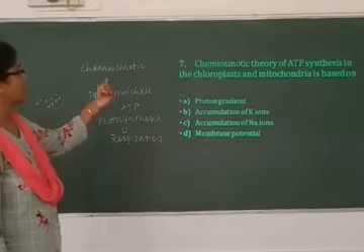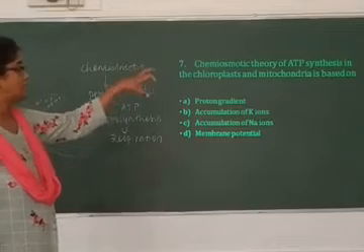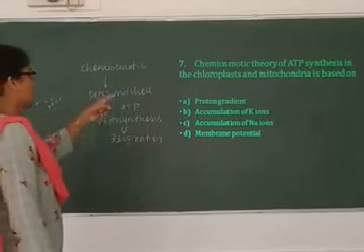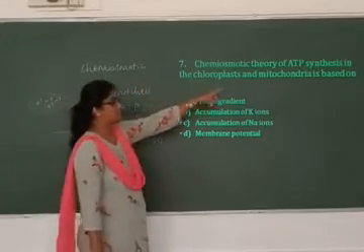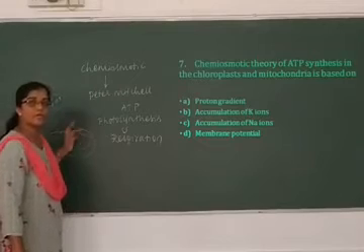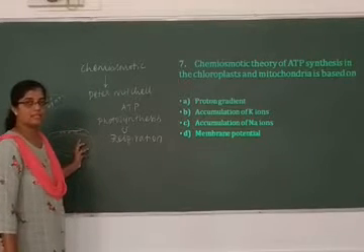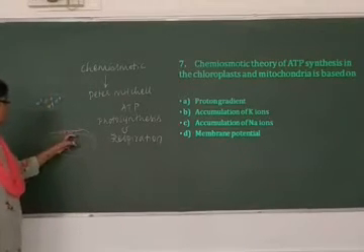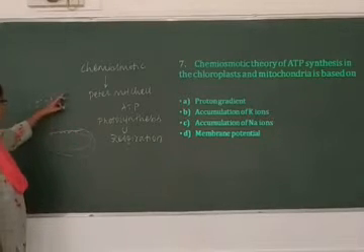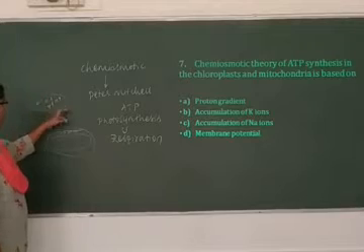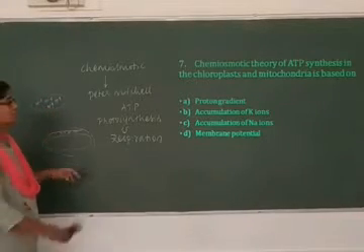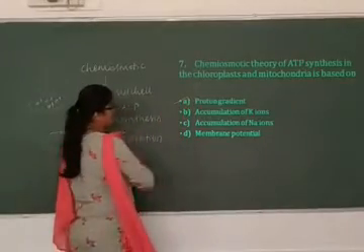Now the question is, the chemiosmotic theory of ATP synthesis is based on what? Both in case of chloroplast as well as mitochondria, it is because of the proton gradient that is generated. In case of mitochondria, proton accumulation takes place in the intermembrane space. In case of chloroplast, accumulation of the protons takes place in the thylakoid lumen. So option A is the right answer.